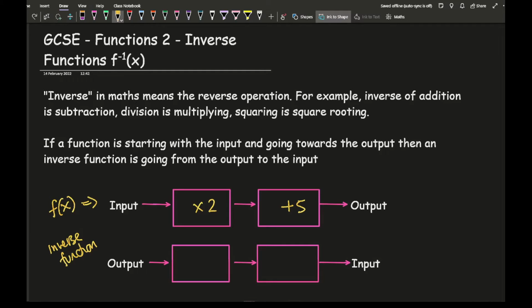So here, rather than starting with this one and then going to this one, here we're going to start with plus 5 and do the opposite, which is minus 5, and then we move on to times 2, which is divide by 2. So it's effectively going in this route but doing the opposite.